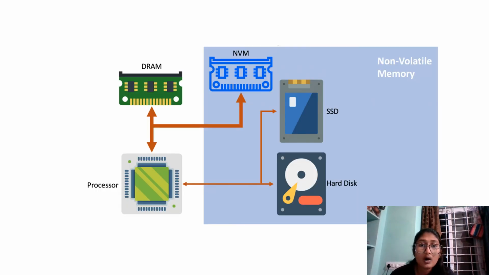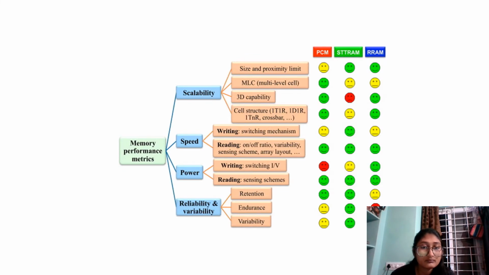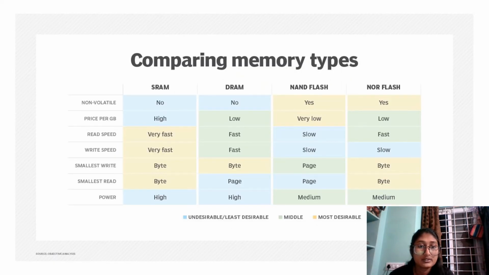This is the non-volatile memory's working function. It is non-volatile storage, with registers, reliability, and visibility. These are the comparing memory types in non-volatile with other memory types.